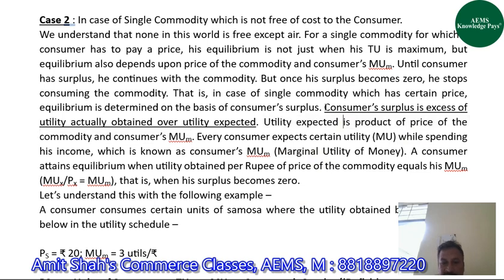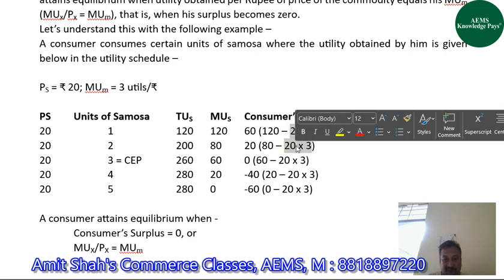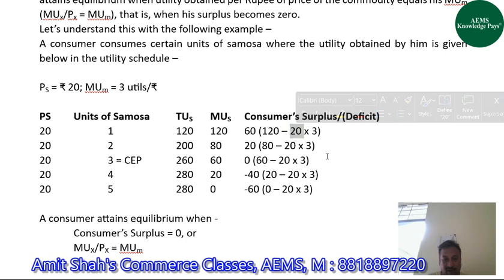So guys, consumer surplus is the excess of utility actually obtained over utility expected. And utility expected is the product of price of the commodity and consumer's MUM. So everywhere what I have written is utility expected, that is price of the commodity multiplied with MUM, which is given here. So utility expected every time is 60.